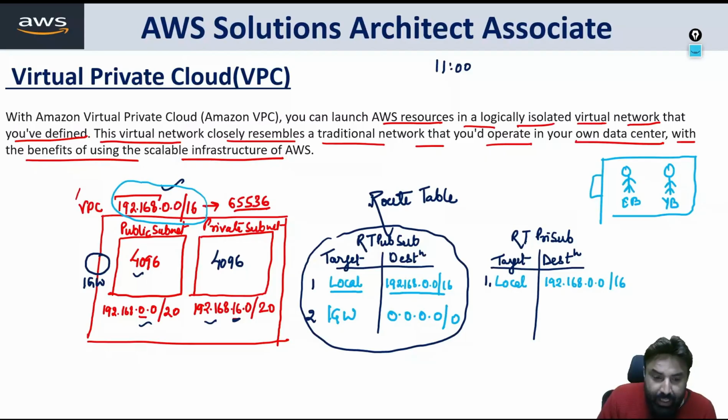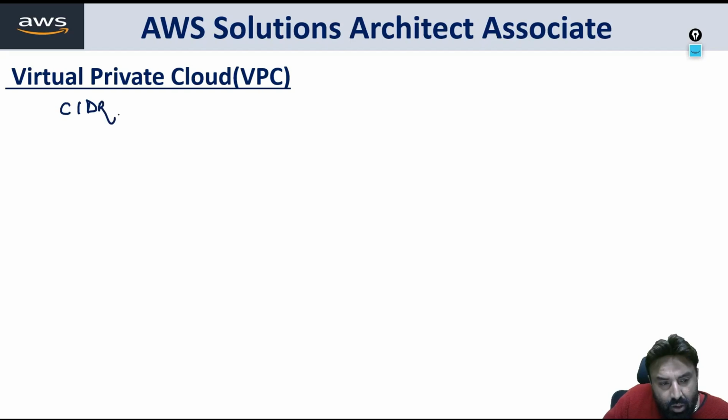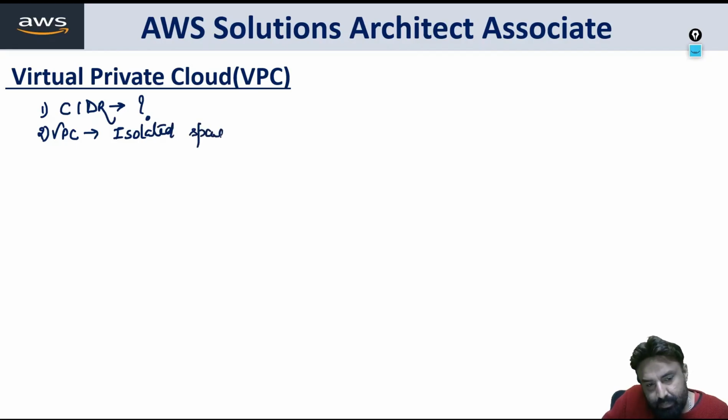Fine. So what I talked about till now, I'm going to revise everything. I started with CIDR and told you what CIDR is. First of all, you have to understand what CIDR is. Once you know that, then we talked about VPC. A VPC is only an isolated space in the cloud, where you create your resources.